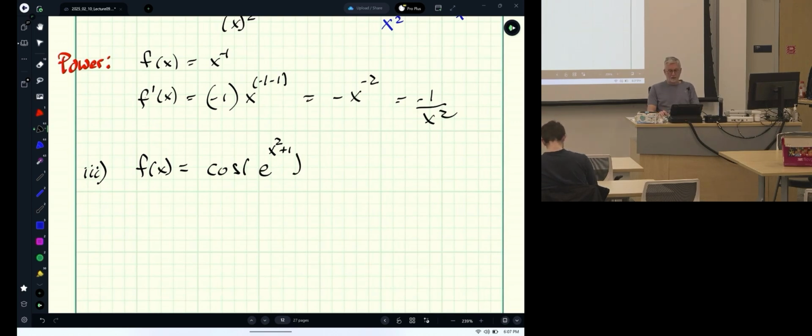What are all of the differentiation rules that we need to apply here? Well, we've got a composition here. We've got another composition here, and we've got a power rule, okay? So it's chain rule plus power rule.